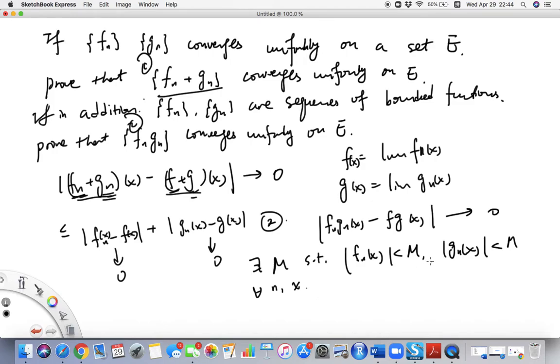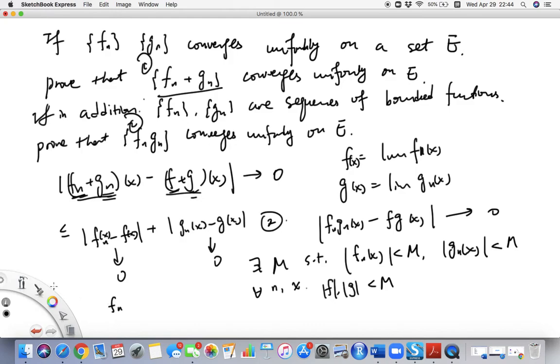Okay? Because of uniform convergence, we know that both f and g are bounded by m. So here's what we're going to do.